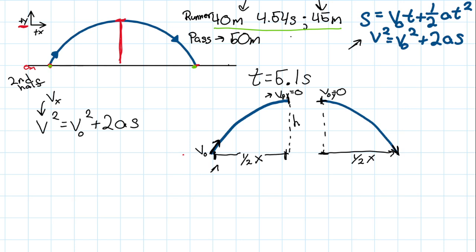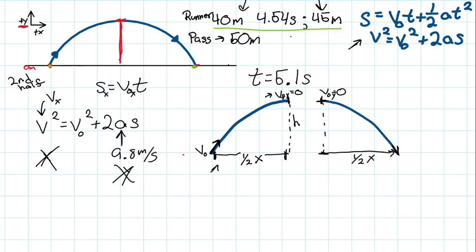So they solved for the velocity of x using the time, and then they plugged that in, and then they said, oh, acceleration is 9.8 meters per second squared. And now what we've done is we've taken a y piece, we've taken an x piece, and we've combined them. You can't do that. It doesn't make sense.